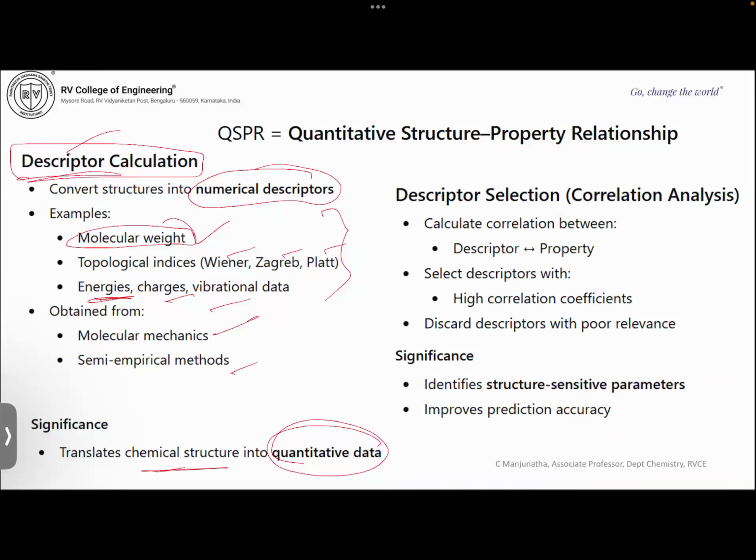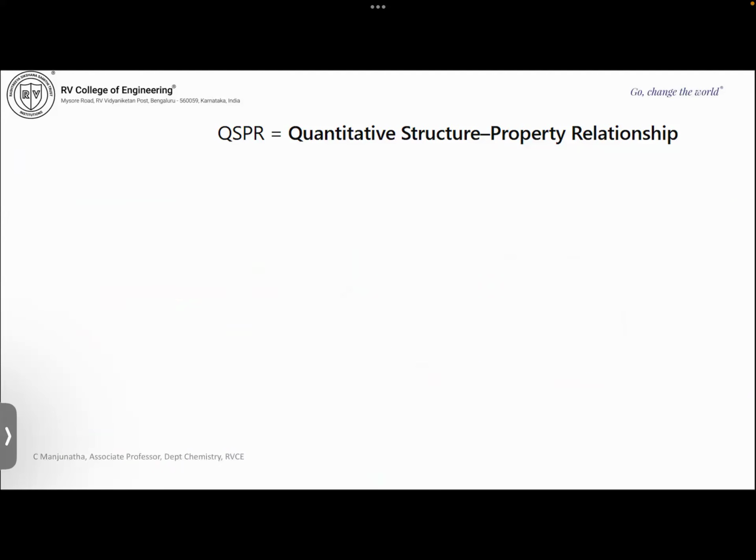Then the fourth stage is that once you calculate the descriptors, you have to select the proper descriptors. That is for correlation analysis. Calculate the correlation between the descriptor and property. Select the descriptors with a high correlation coefficient. Discard the descriptors with poor correlation coefficients at this stage. The significance of this stage is that it identifies the structure-sensitive parameters and improves the prediction accuracy.